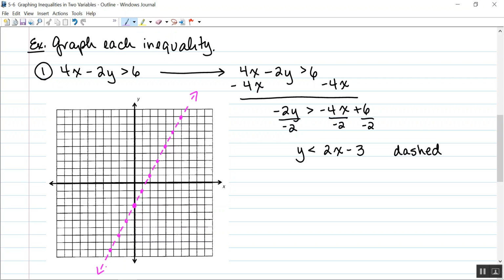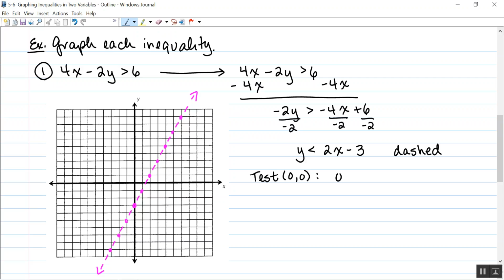And now I have to figure out which side of that line I'm going to shade. So I need to pick a point on one side of the line, plug it into the inequality, and see if it makes it true. The easiest point to use is 0, 0. The only time you can't use 0, 0 is when the line actually goes through that.